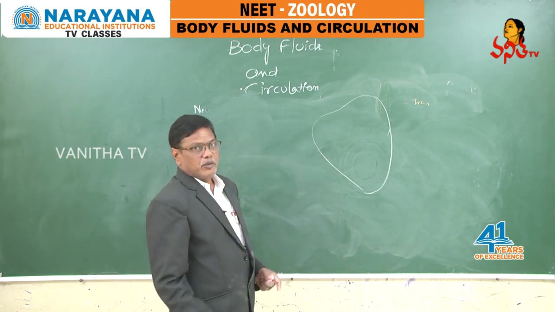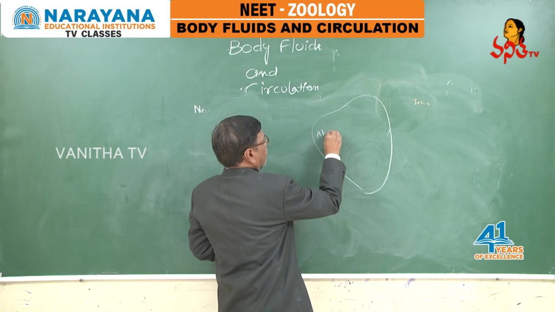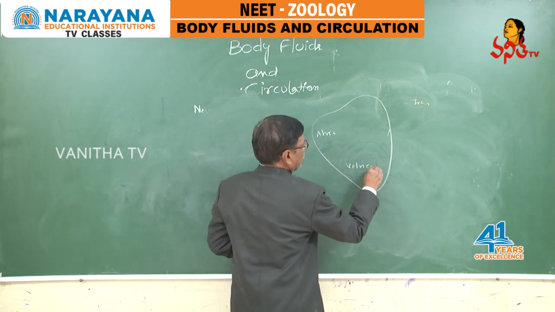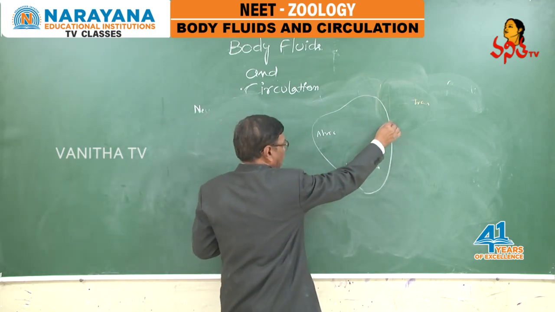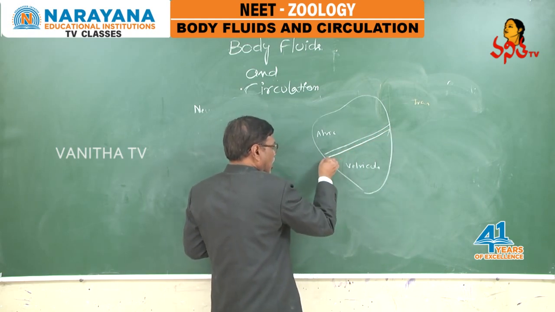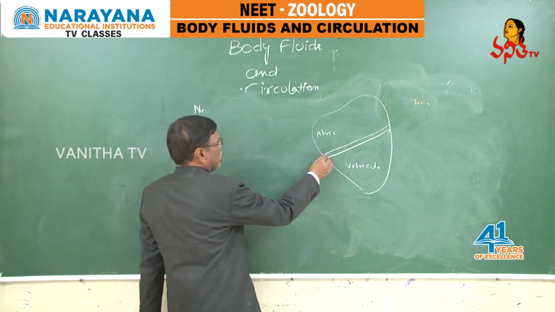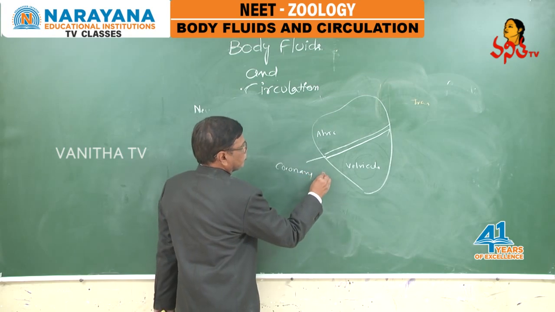It is a pear-shaped structure. The broad anterior part is the atrial part, and the posterior part is the ventricular part. Externally, a horizontal groove separates the atrial part from the ventricular part. That is called the coronary sulcus.